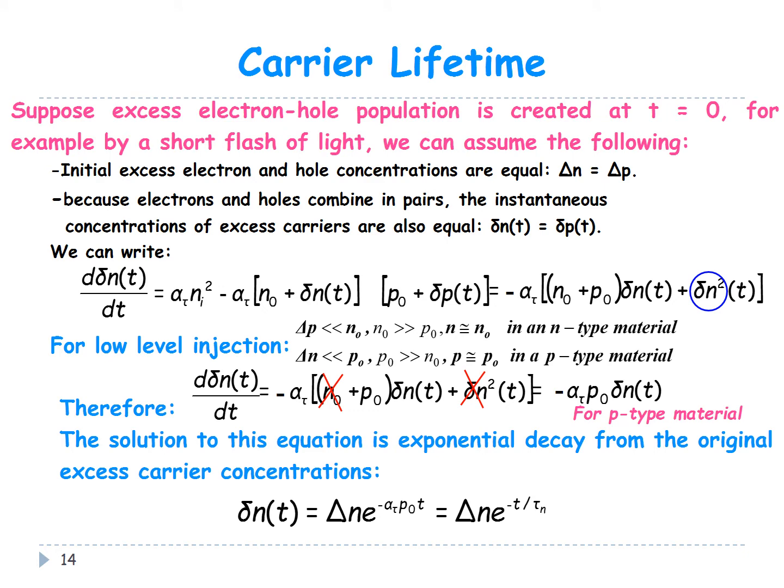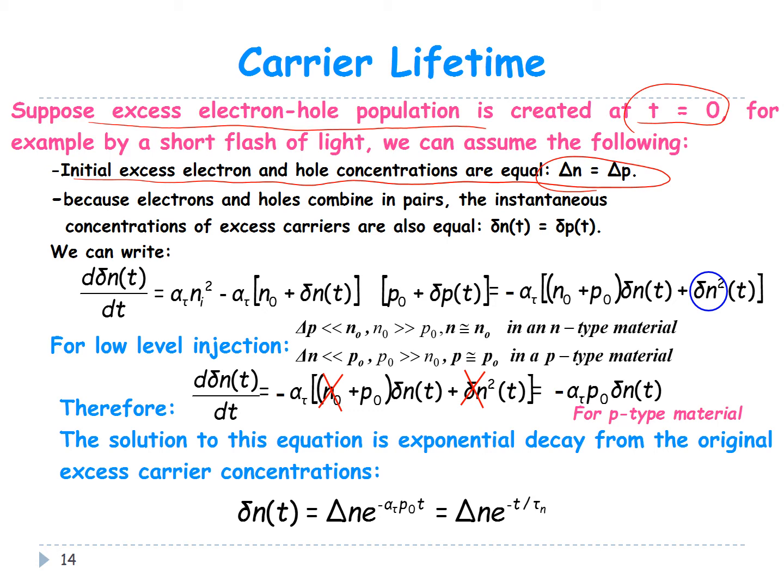Now, suppose that excess electron hole population is created at time t equals 0, so this is immediately just before you turn off the light. For example, by a short flash of light, we can assume the following. The initial excess electron and hole concentrations are equal. So this makes sense because electrons and holes occur in pairs.